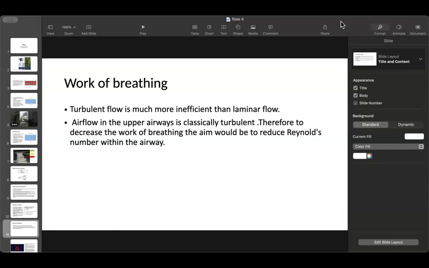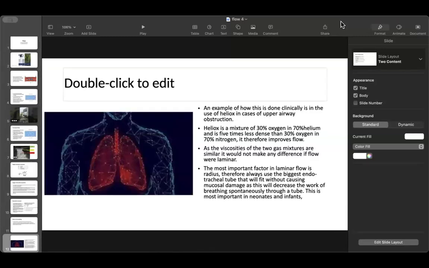So by decreasing the density of air or the inhaled agent, you can help reduce the Reynolds number and help maintain a more laminar airway flow. A simple example is in the case of upper airway obstruction.